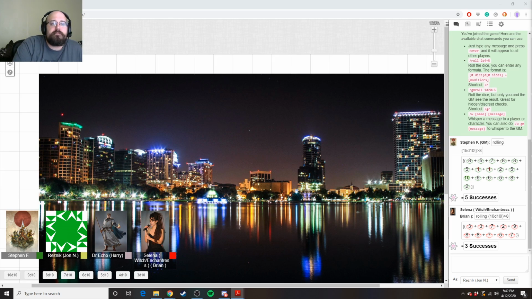I'm just trying to find if there are specific ones to pick from in the book. Oh, here we go. We've got the Black Tower, the Council of Dragons. That sounds cool. The Crucible. Cults.